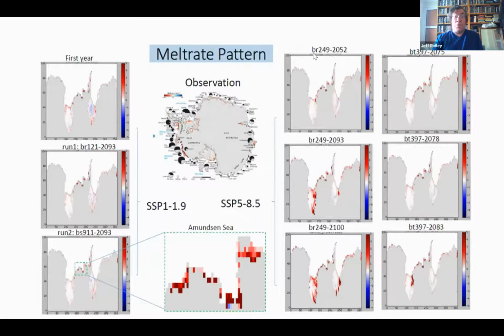So the ocean is warming, but at the beginning the melt rate is lower than current day, and it becomes very substantial as you increase it.